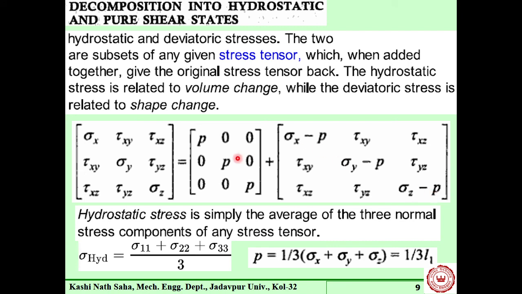Now, out of these two parts, the first part, the hydrostatic stress, is related to volume change. What we calculate from here is the bulk modulus. You know what bulk modulus is? It means corresponding to this stress, what is the change in volume.